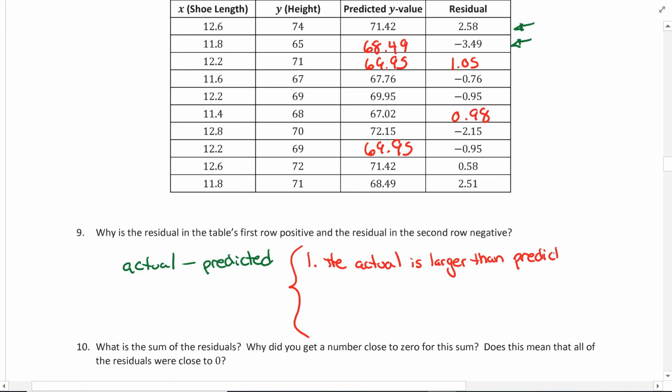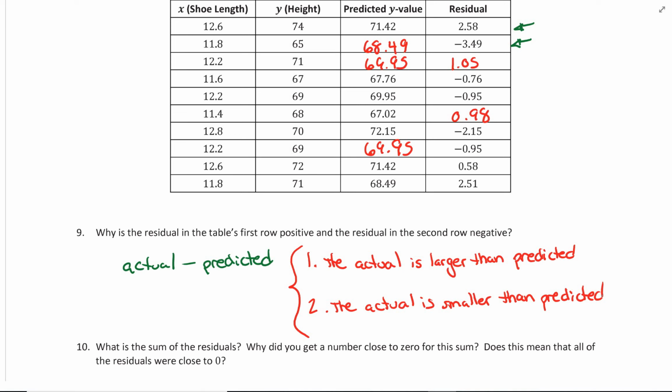And on the contrary, if I have a negative residual, it means the actual is smaller than predicted. And again, guys, if I'm subtracting 5 minus 2, well, 5 is larger than 2, so my difference is positive. If I'm subtracting 2 minus 5, well, 2 is smaller than 5, so that makes it negative.